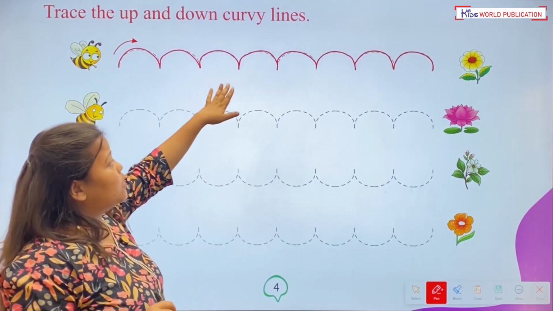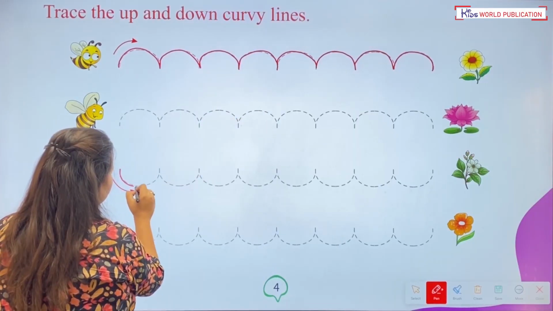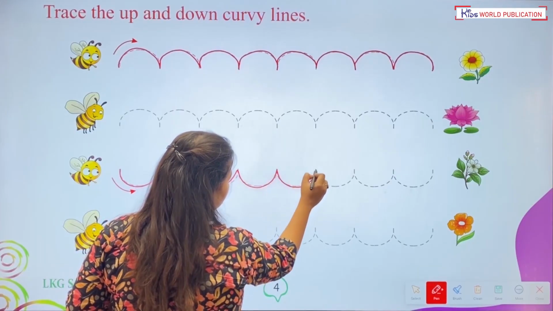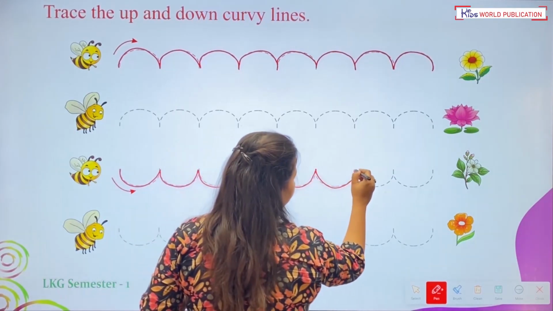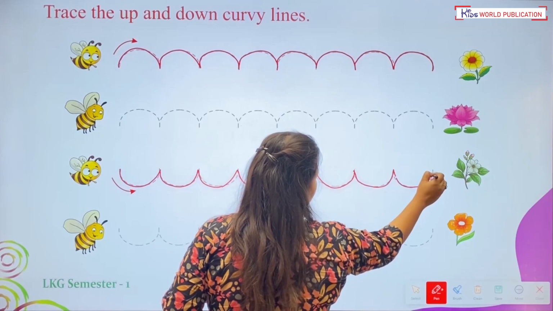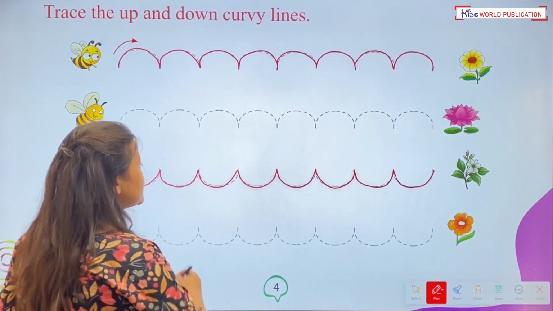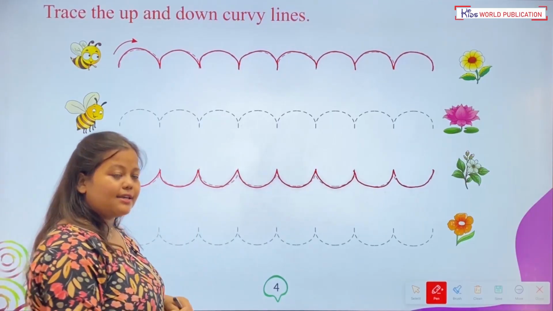This is the up to down curvy line. And this is the down to up curvy line. So this is how you will complete the rest of the lines.